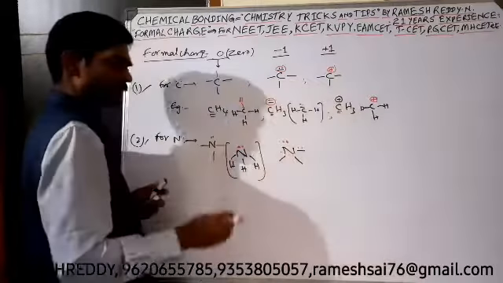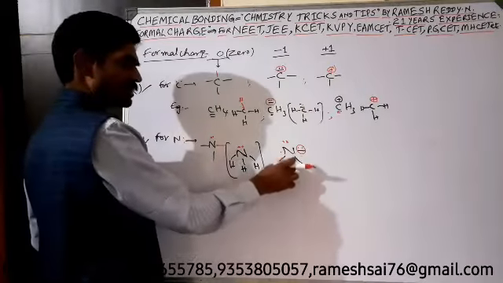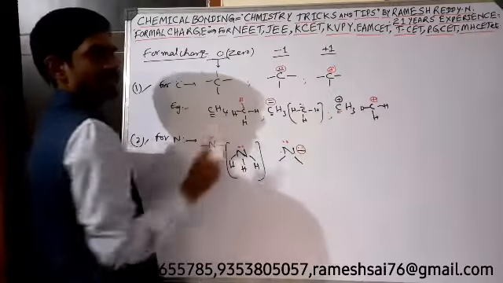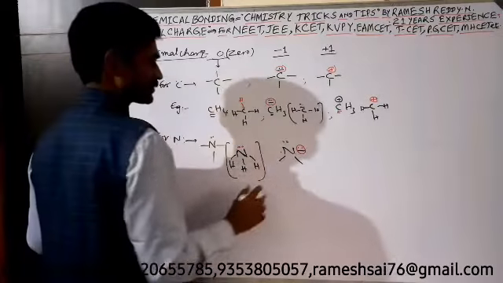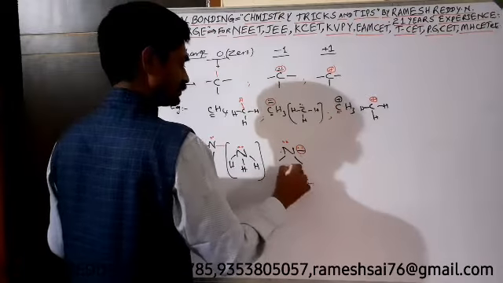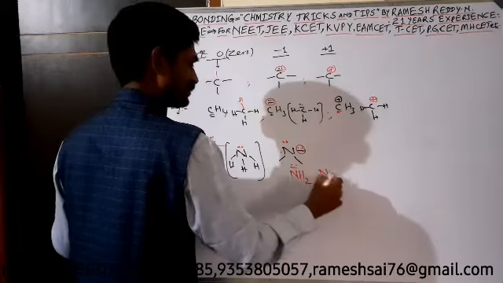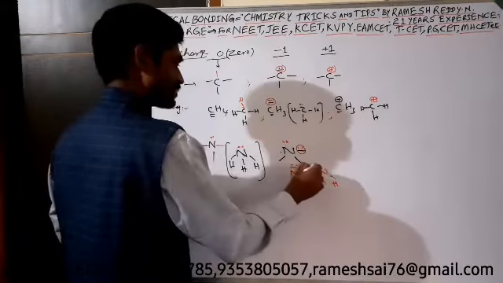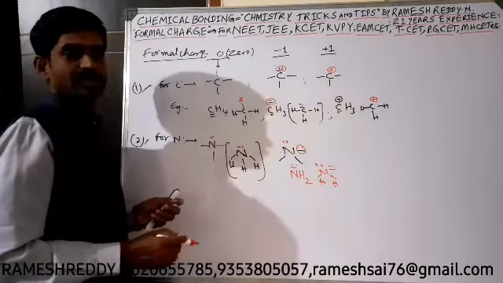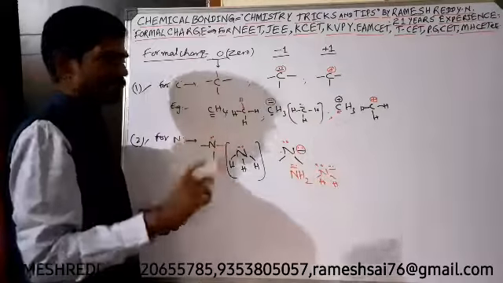So this negative charge is present, that means two bond pairs and two lone pairs are there. One is present as a negative charge. Then for that nitrogen, the formal charge is -1. For example, NH2 minus, there nitrogen is bonded with two hydrogen atoms, and already one lone pair is there, and the negative charge is the lone pair. So in this NH2 minus, the nitrogen formal charge is -1.